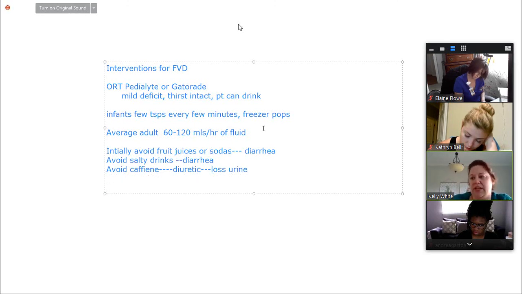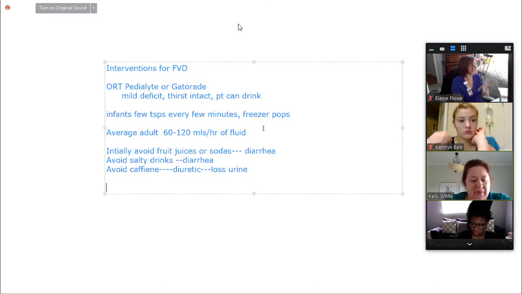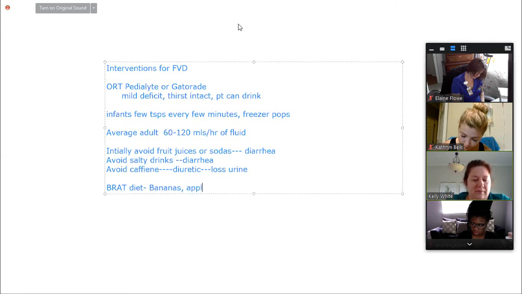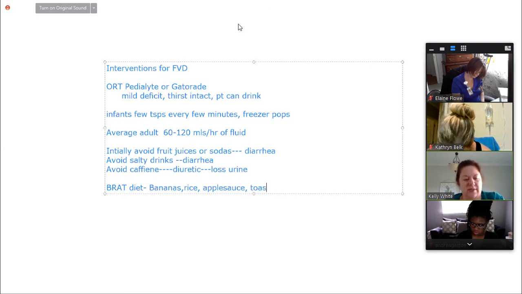So what are we going to encourage these people to eat? They can have their Pedialyte and their Gatorade, but we want them to try and eat too, right? So how many of you have heard of the BRAT diet? BRAT diet stands for bananas, rice, applesauce, and toast.